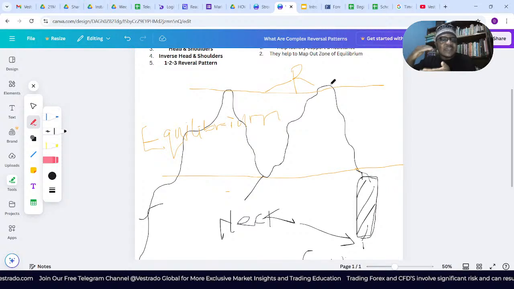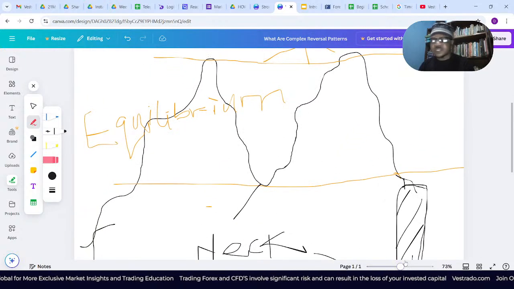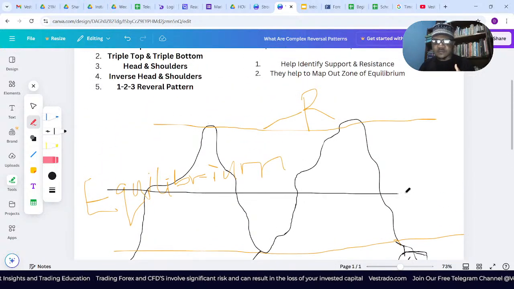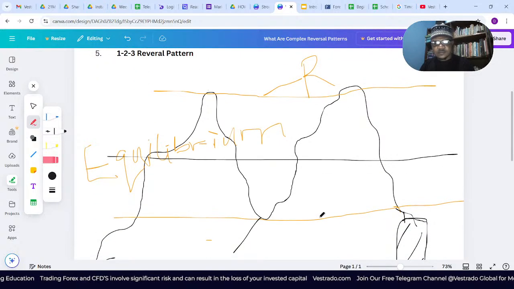Now, this also gives you the idea of where to set your stop loss. In our Abuja conference, one of the traders asked the question, where do we set our stop loss? It's very simple. Most times you can draw a halfway line between the resistance and the support border, and then set your stop loss right here.